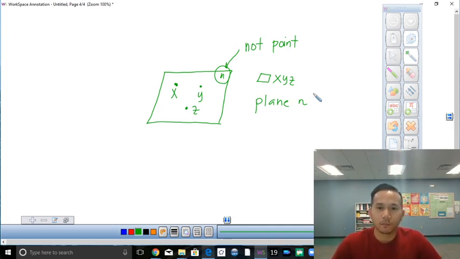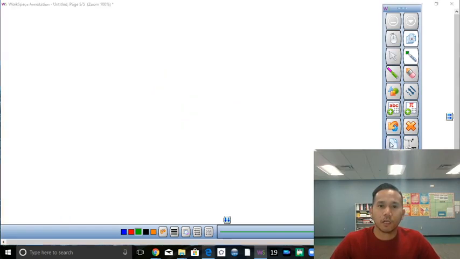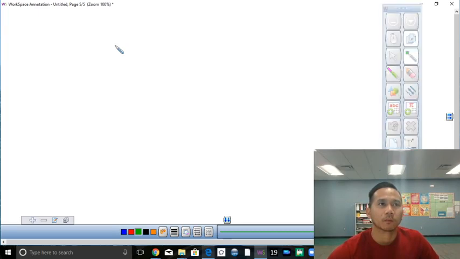All right. The next term that I want to give a definition of is collinear. Okay. I want to give a definition of collinear points.